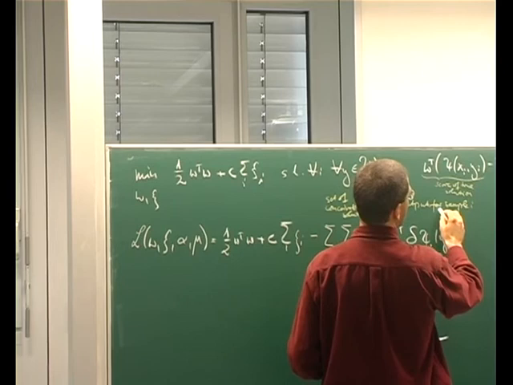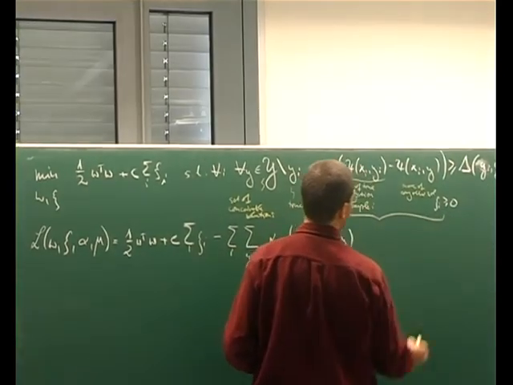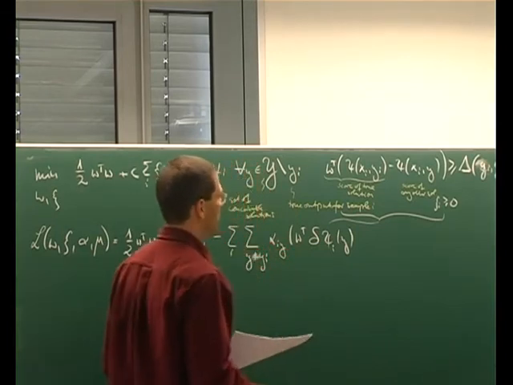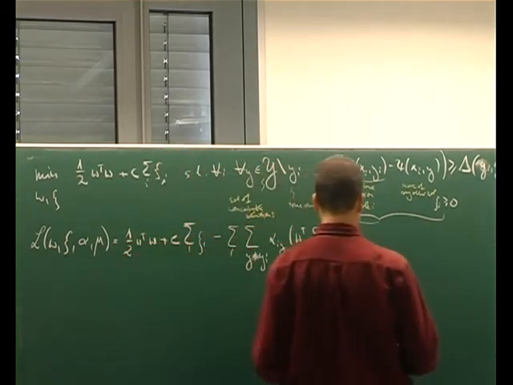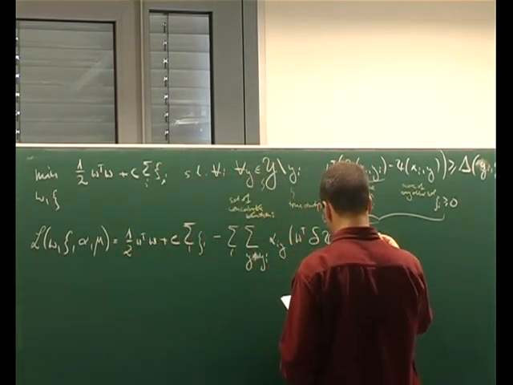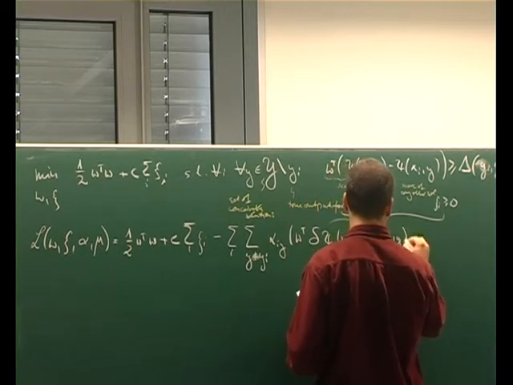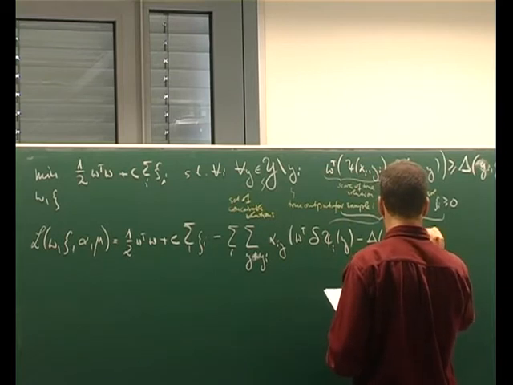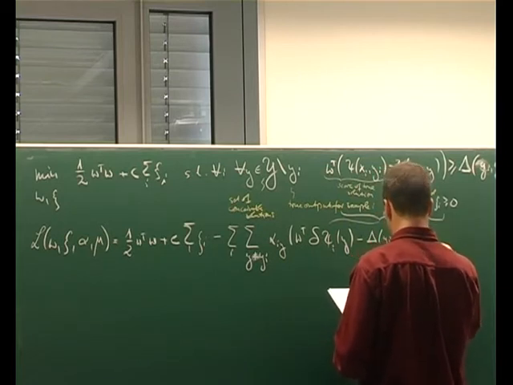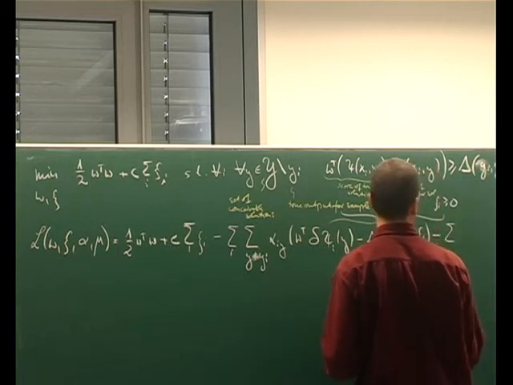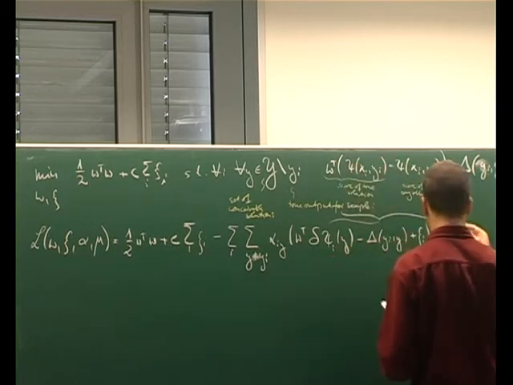So the contents of this parentheses here are abbreviated as delta psi of y. Okay, then comes the second Lagrange multiplier for the second constraint.